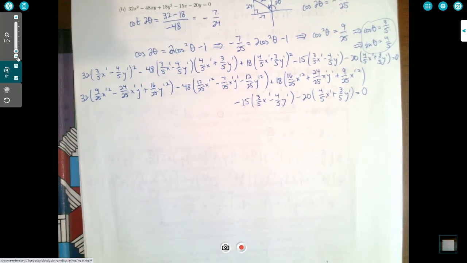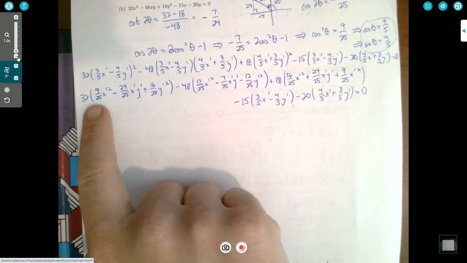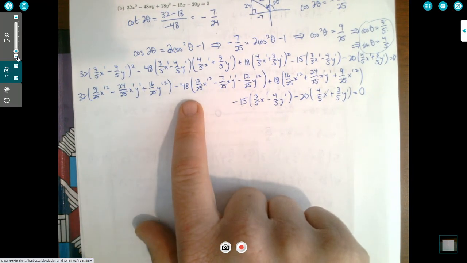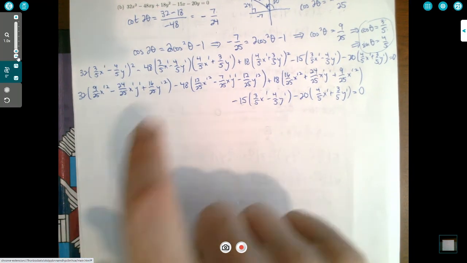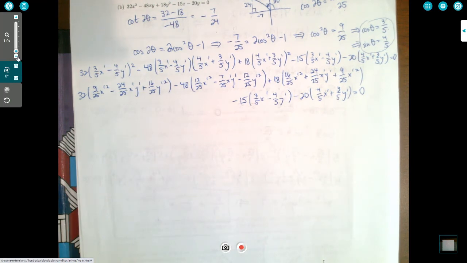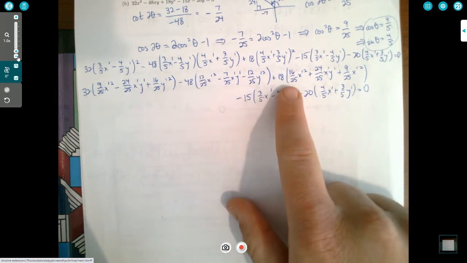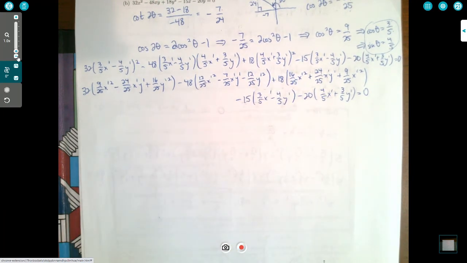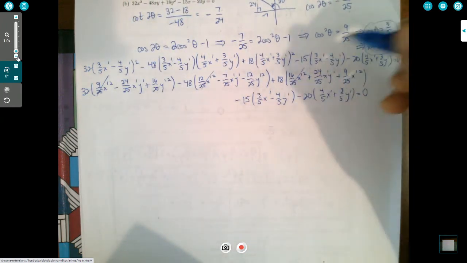That's 288/25 minus 48 times 12/25 x prime squared plus 18 times 16/25. And wouldn't you know it, those just cancel off. All of my x prime squareds are gone.